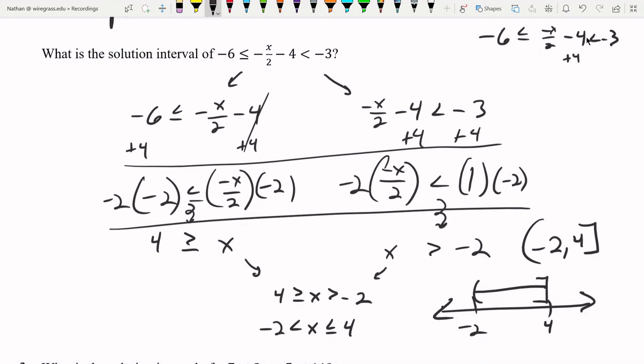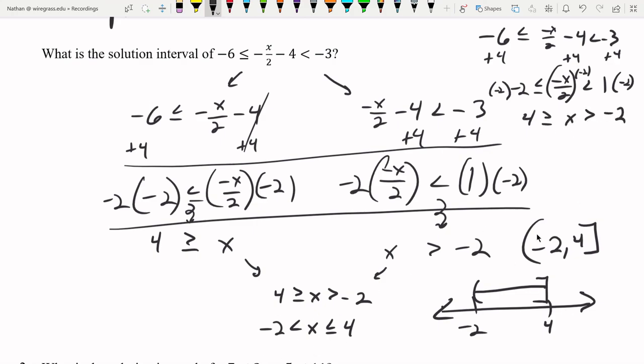Whatever you do to the middle, do it to each of the sides. This becomes negative 2, this becomes 1. And we're going to multiply by negative 2, and now we're going to flip each inequality. And we get 4 and negative 2.